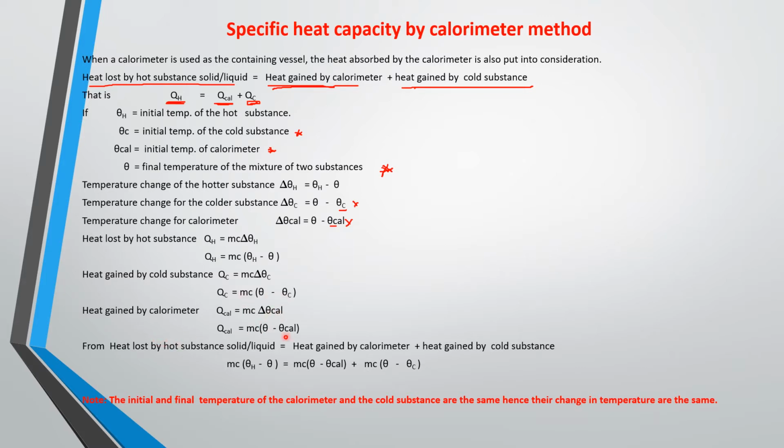Then you can now equate them together: heat lost by the hot substance is equal to heat gained by the calorimeter plus heat gained by the cold substance. As I said, note that the initial and final temperatures of the calorimeter and the cold substance are the same. Hence, their change in temperature remains the same. Which means that the change in temperature for the calorimeter and the change in temperature for the cold substance are the same.